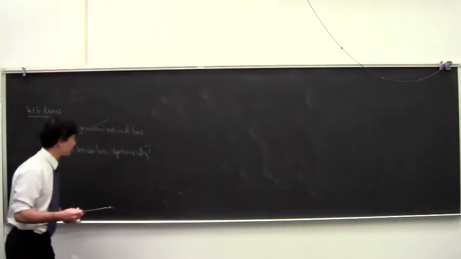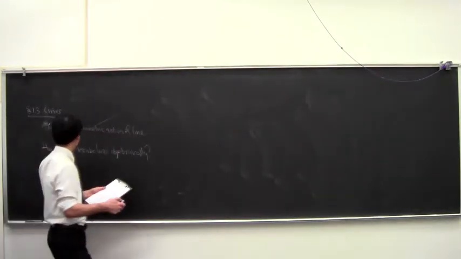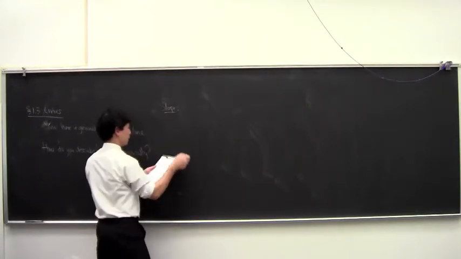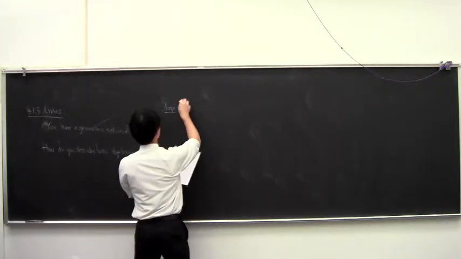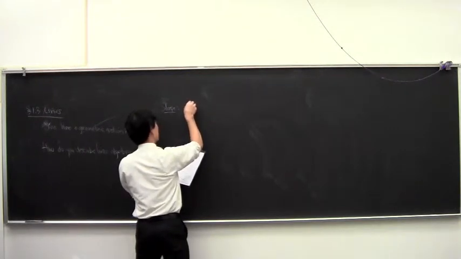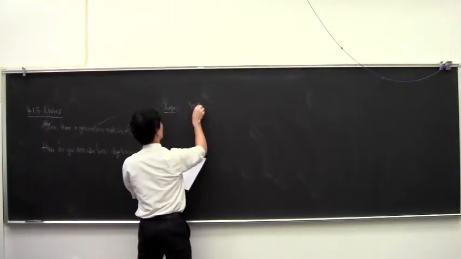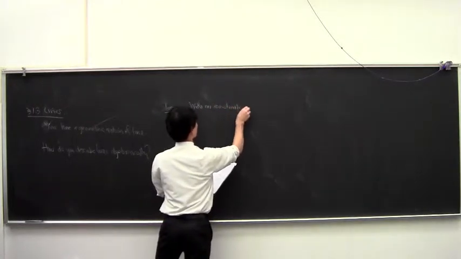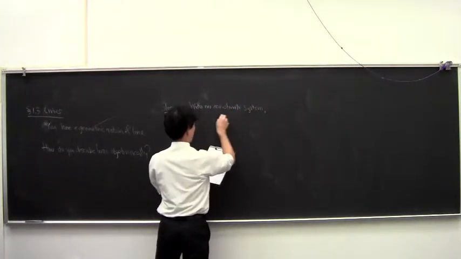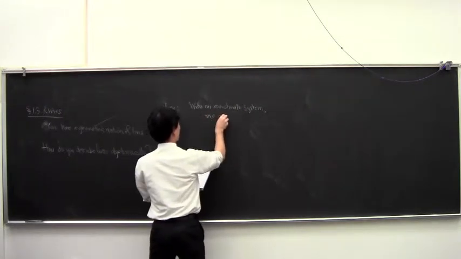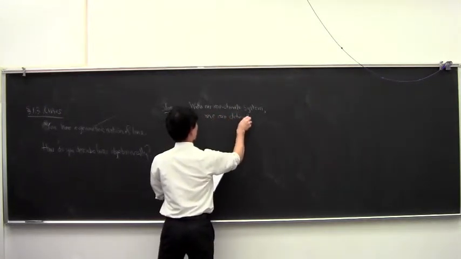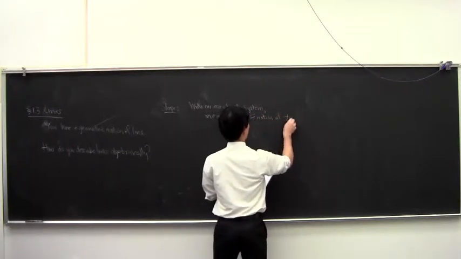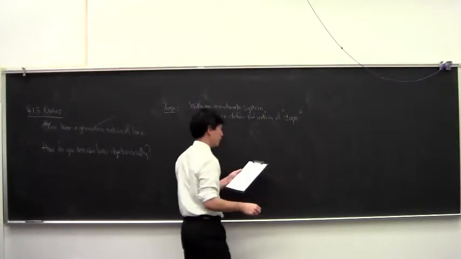So the first notion is that of slope. Now that we have a coordinate system, one can define the notion of slope, the slope of a line.